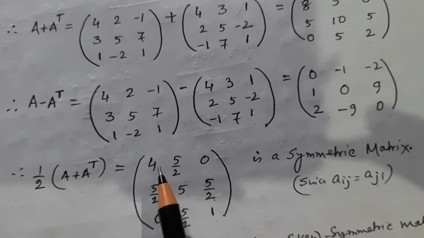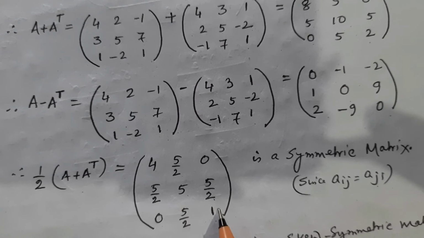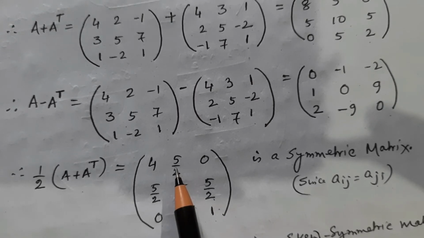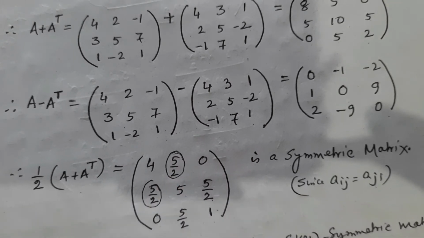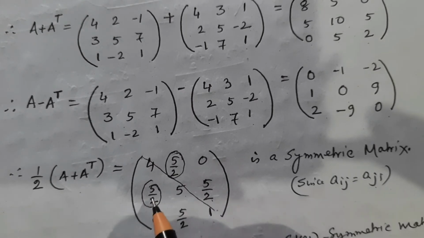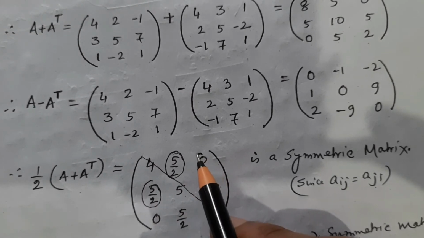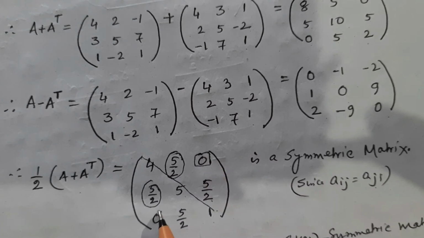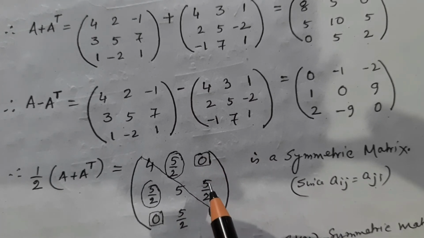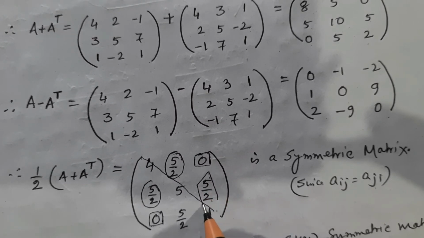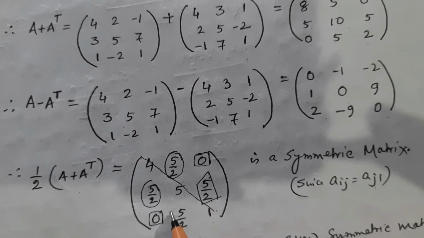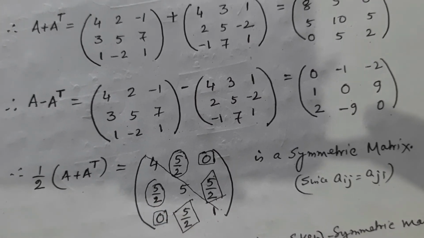From this matrix we can say this matrix is a symmetric matrix, because this is the principal diagonal element, and A12 equals A21, A13 equals A31, and A23 equals A32. Therefore we can say this is a symmetric matrix.